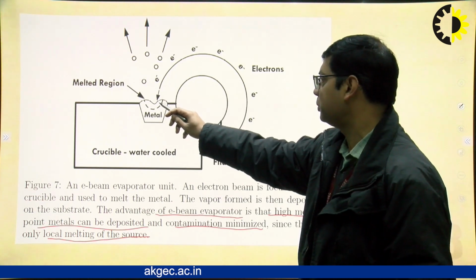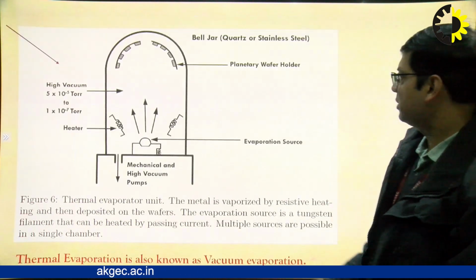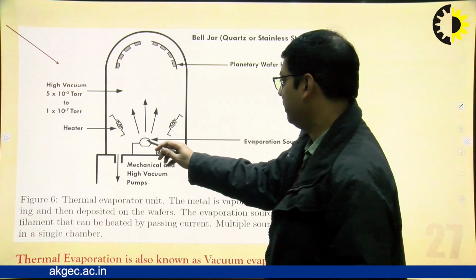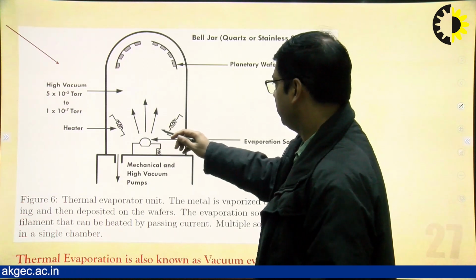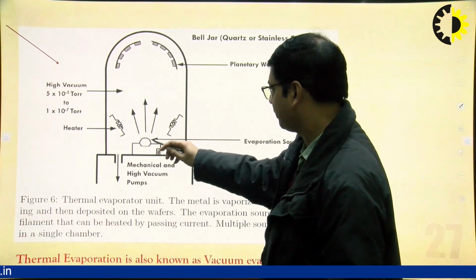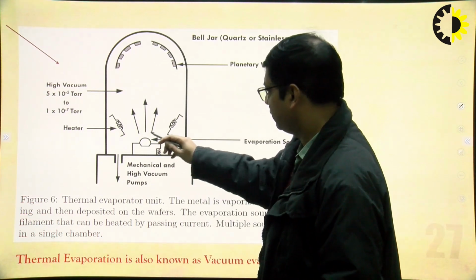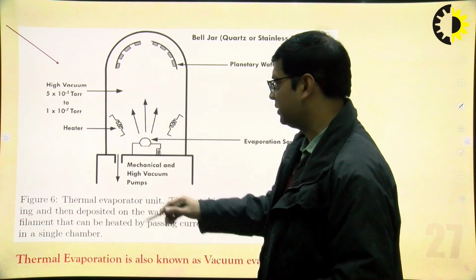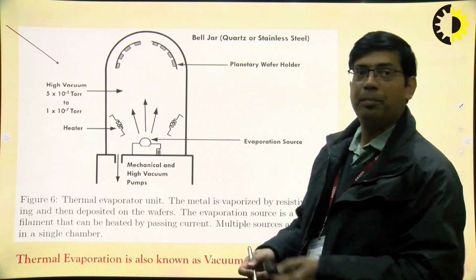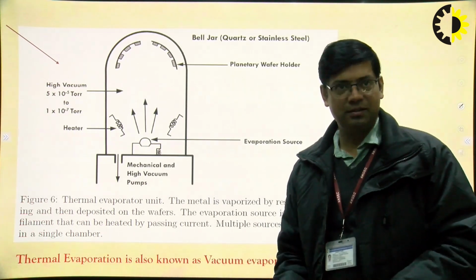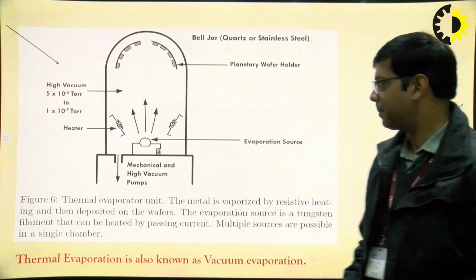In the previous one, when the filament is heating, in addition to this source, the nearby equipment also may generate the vapors which contaminate the system.